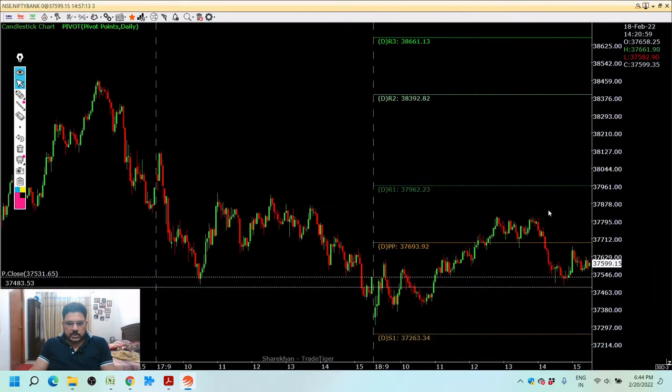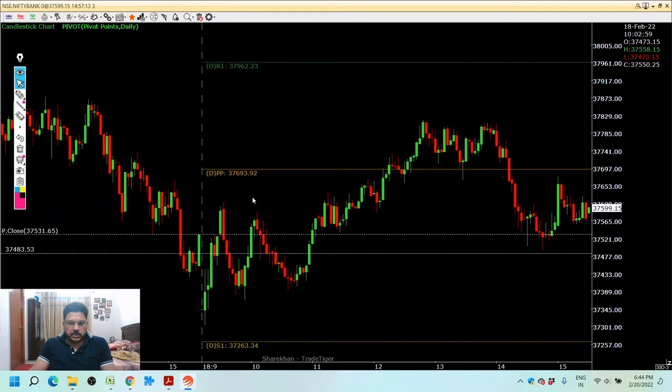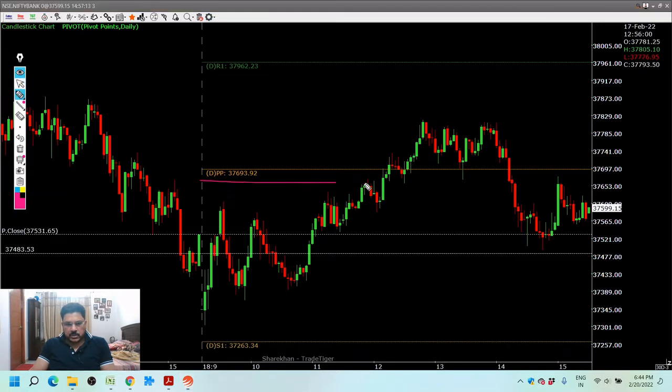As you can see, with only price action, this is giving me an idea that yes, this is a resistance level. Price is below the pivot point, so this can be a resistance level for me, and the price has opened here. So definitely I can expect the price to move up to here and then either fail from there or continue to go up from there.